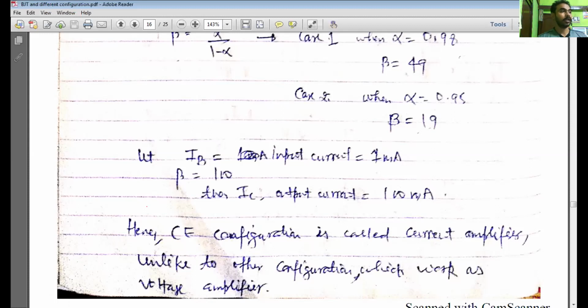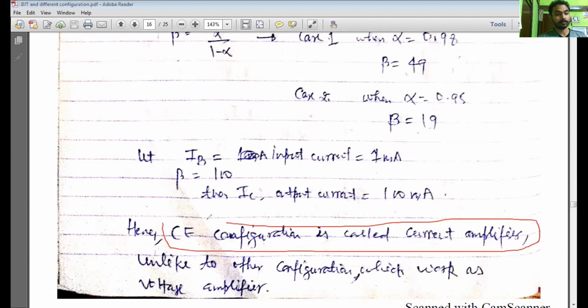So this is the take home point: the common emitter configuration is called a current amplifier. We also calculated the amplification factor in the common base, but it's less than 1, and as I told you in the last class, that was just for the sake of the concept. It does not matter, because anything less than 1 is not called amplification.